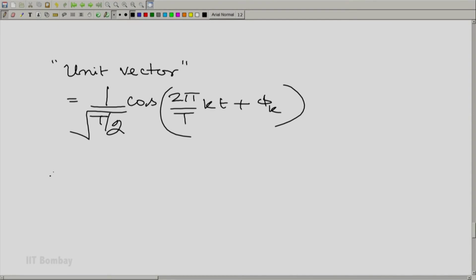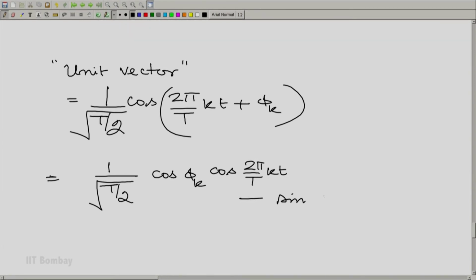We resolve this by noticing that you do not have here one vector, but you could think of this as a vector in two-dimensional space. Let me explain what I mean. So, I have here 1 by square root T by 2, cos phi k cos 2 pi by T kt minus sin phi k sin 2 pi by T kt.